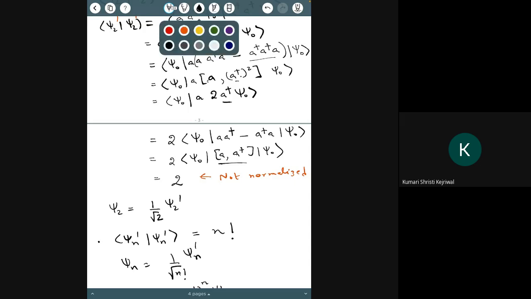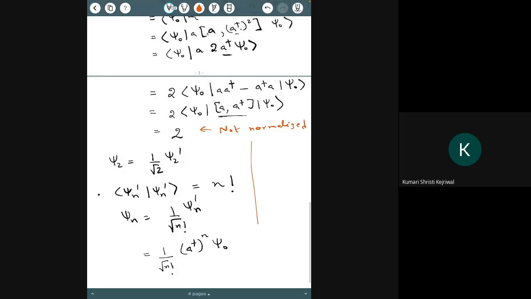So the commutator of A with A dagger to the power K is equal to K A dagger to the power K minus 1. So here I got from square an A dagger, but if it was A dagger cube, I would get A dagger square over here.